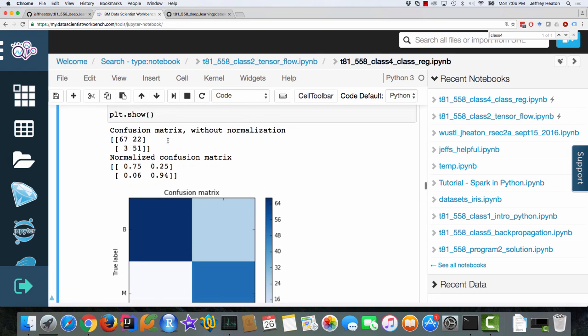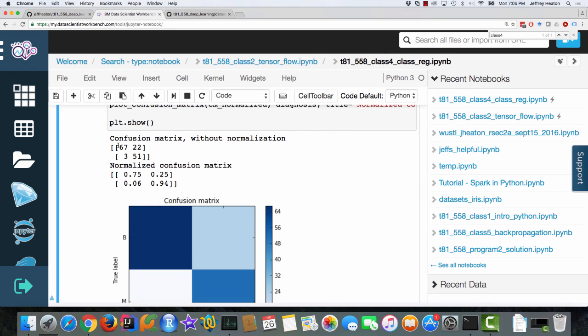I prefer to look at them in this form. So again, you can see the pronounced diagonal. You can see that 67 cases were here, 51 cases were here, 22 were incorrectly classified there, and only, I'm sorry, I'm talking about the normalized one. So these are percentages. 75% were here, 94% were here. Now notice how they have to add up across the rows.